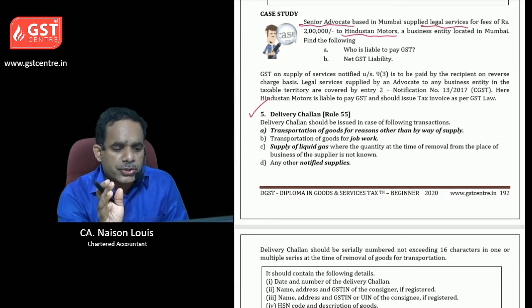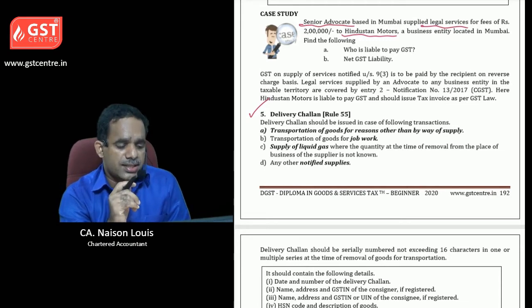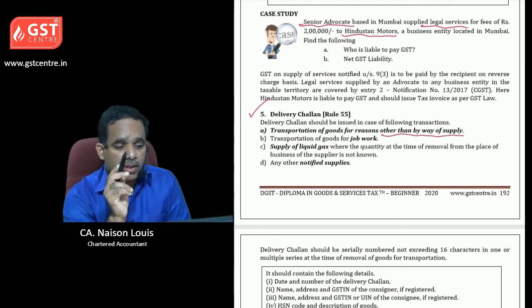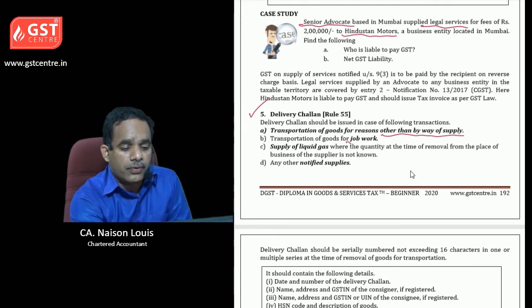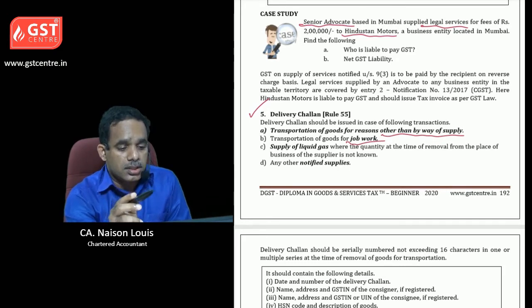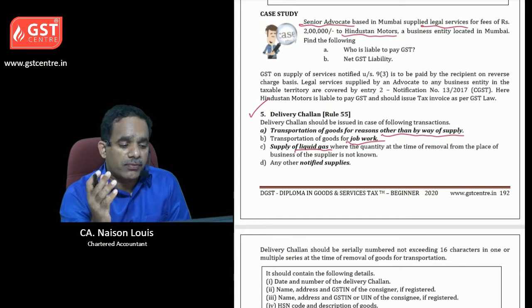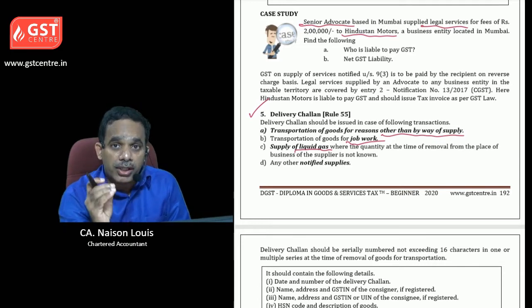Delivery challan should be issued in case of the following transactions: transportation of goods for reasons other than by way of supply. Then transportation of goods for job work, supply of liquid gas where the quantity at the time of removal from the place of business of the supplier is not known.